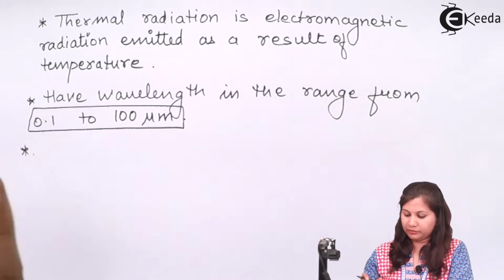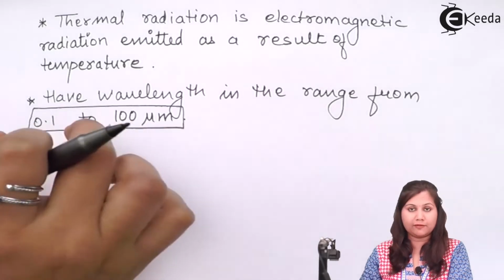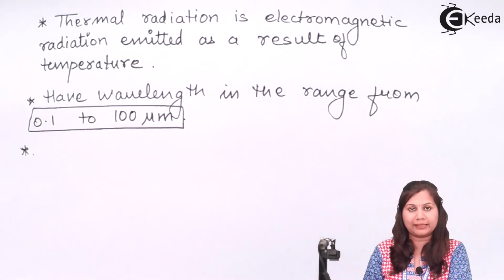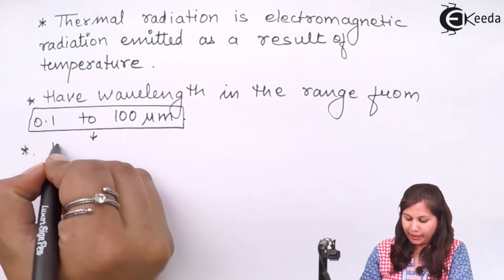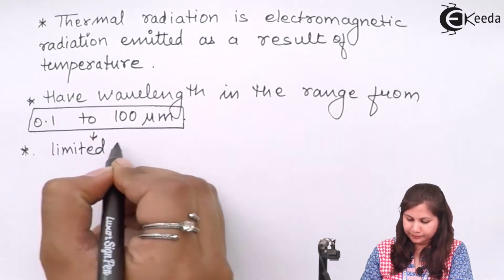Ideally the radiation pyrometers should be sensitive to all wavelengths, that is from 0.1 to 100 micrometers, but the practical radiation pyrometers are sensitive to a limited band of wavelengths.